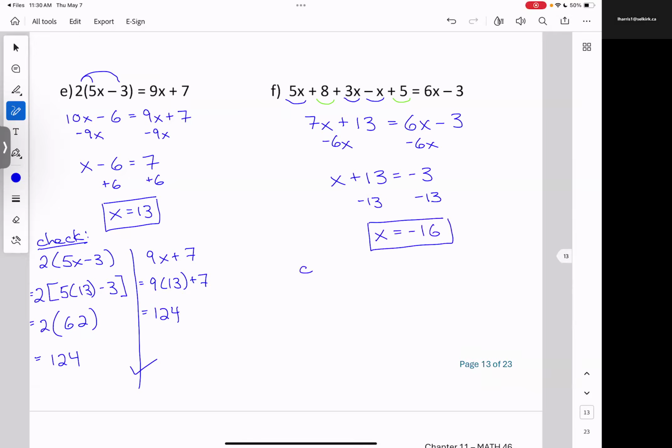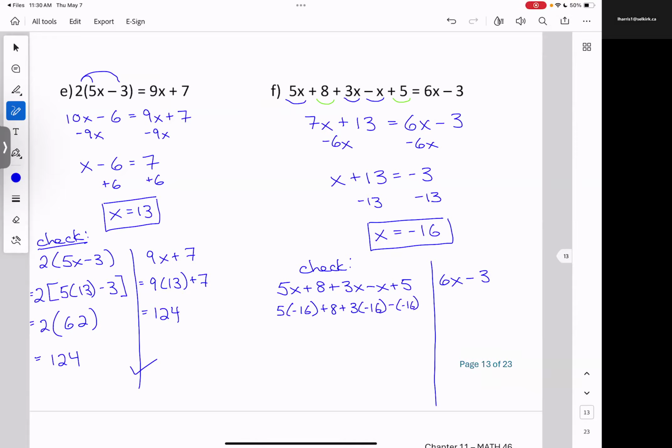And we can check this. I'm just going to rewrite it so I have it right in front of me here. Okay, and so I'm saying 5 times x is negative 16 plus 8 plus 3 times negative 16 minus negative 16.